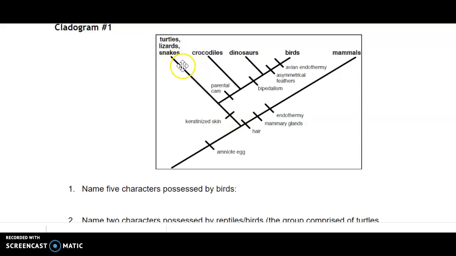Turtles, lizards, and snakes would have the keratinized skin and the amniotic egg. So those would be the only 2 that all of these have in common. The amniotic egg and the keratinized skin, which would go on to that branch, but these would not have that. These would not have these over here. But everybody's going to have that keratinized skin and that amniotic egg.